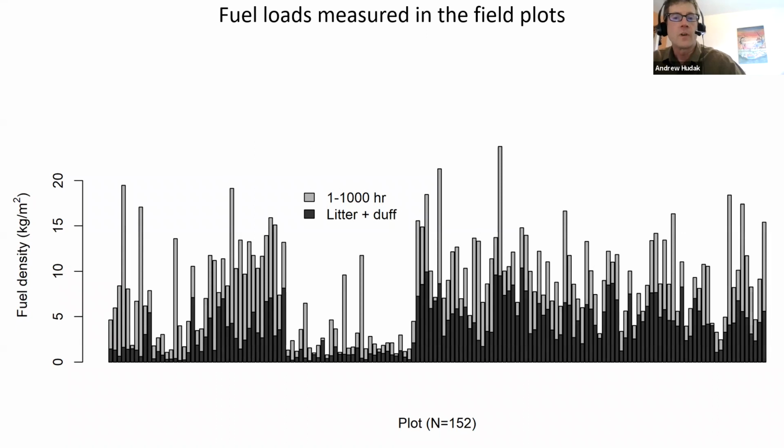So this is a stacked column graph across the 152 plots that we're looking at this time. And you can see that often sometimes more than half of the total surface fuel component is litter and duff, whereas the rest is the fine woody and the coarse woody, which is the 1,000-hour fuel.